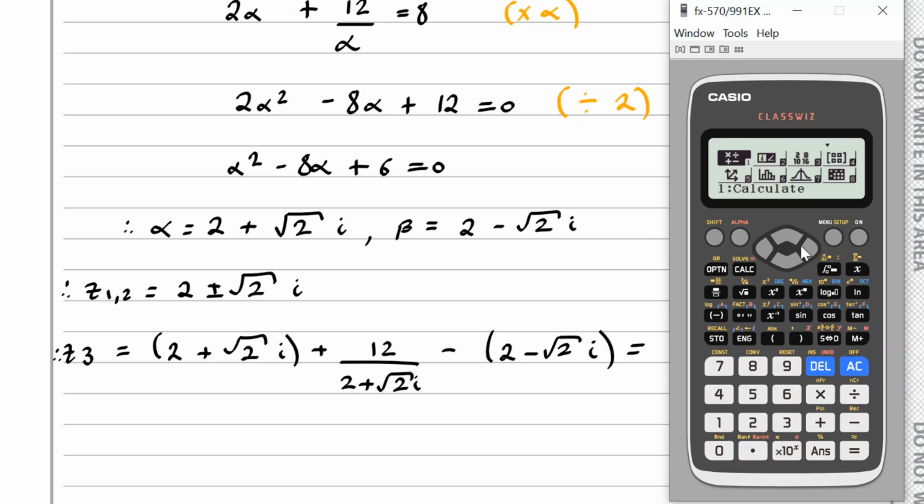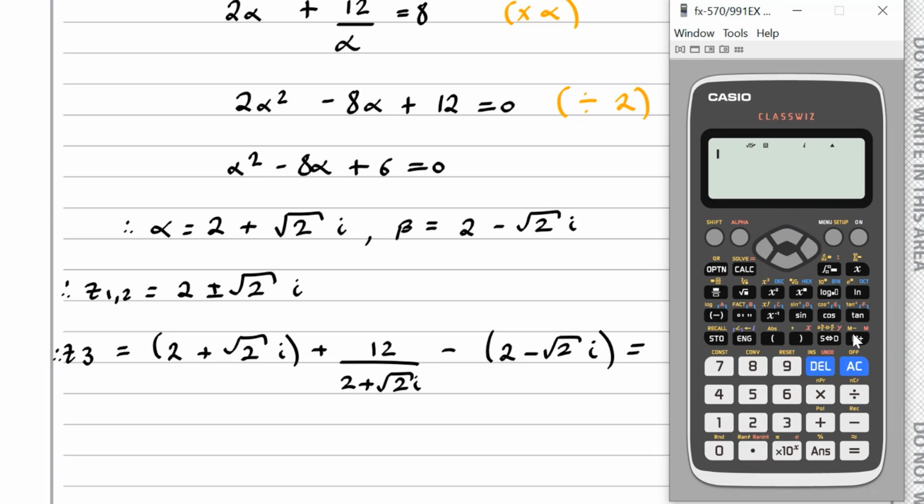First of all, we need to go to the complex mode, and if we type all this in, we have 2 plus root 2 I, close brackets, plus 12 over 2 plus root 2 I, minus 2 minus root 2 I.